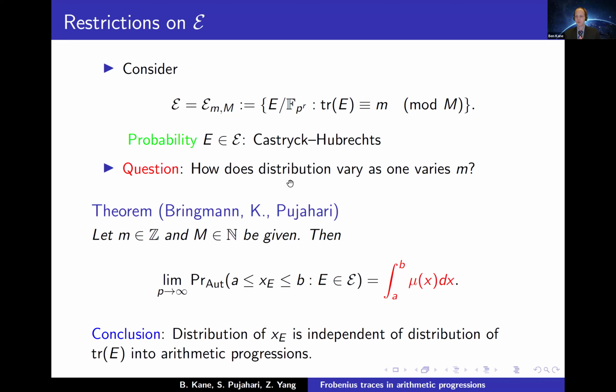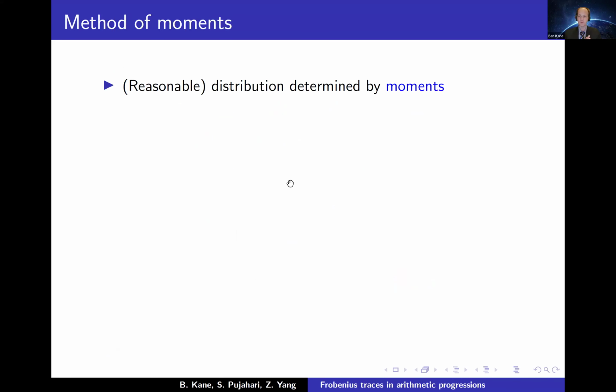Okay, so how do we prove this? Well, we use what's called the moment method, which says that a reasonable distribution is determined by its moments. So what are the moments? Well, these are the powers of the thing you're counting, basically.